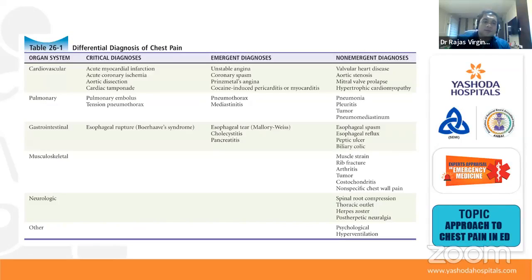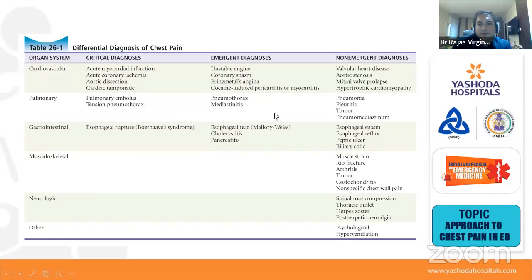In terms of the critical diagnoses, we have obviously cardiac events, cardiac tamponade, aortic dissection, which is a very important diagnosis, pulmonary embolus, and obviously esophageal rupture as well. Some of the emergent diagnoses which can come with chest pain are unstable angina, coronary spasm, mediastinitis, cholecystitis, and pancreatitis, which can also present with slightly lower chest pain.